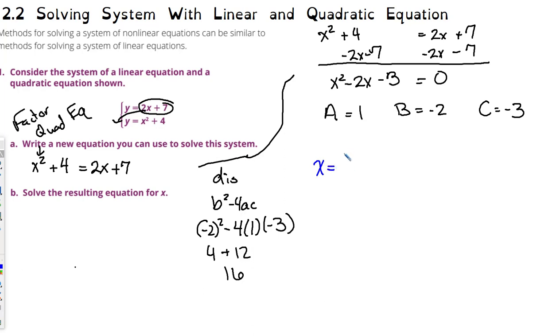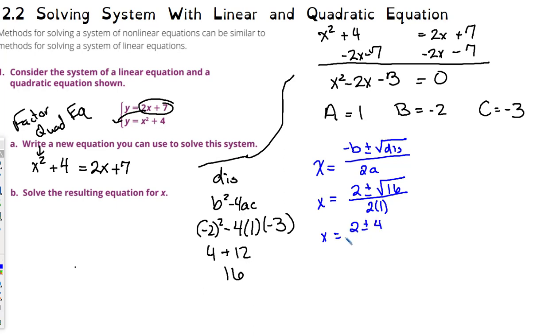X equals negative b plus or minus the square root of your discriminant divided by 2a. So opposite b is 2 plus or minus the square root of 16 divided by 2 times 1. So what is the square root of 16? 4. 2 times 1 is 2.